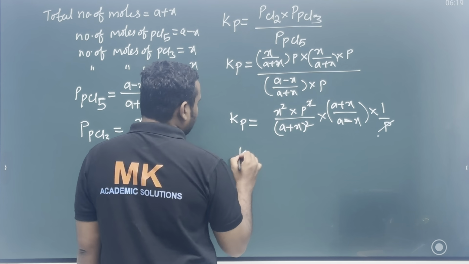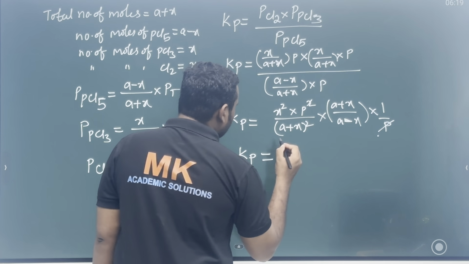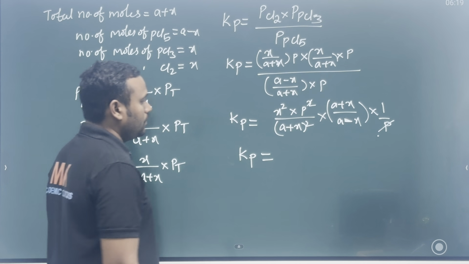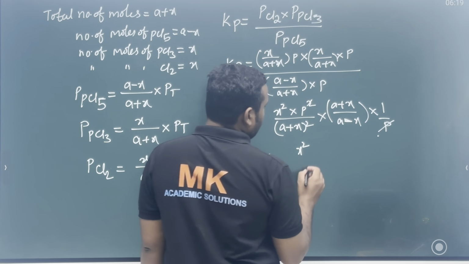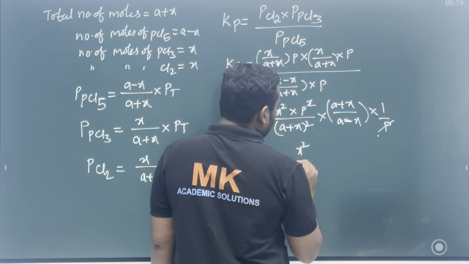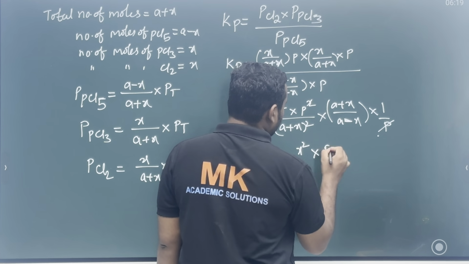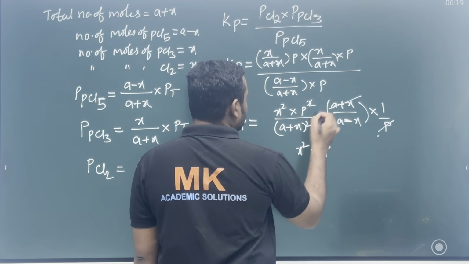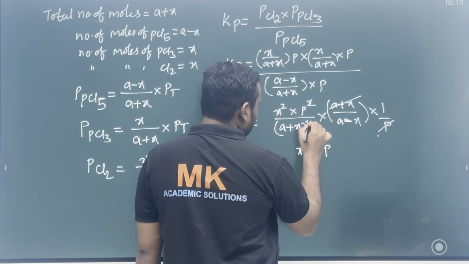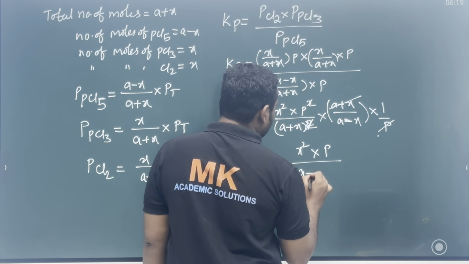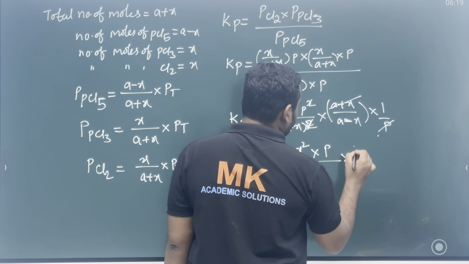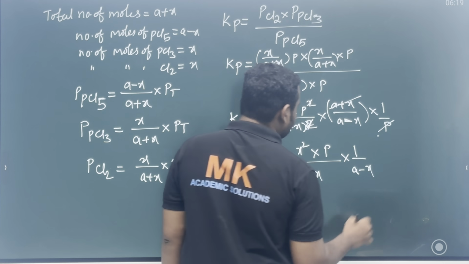Therefore Kp is equal to x square into P, and A plus x square also gets cancelled out, so A plus x into 1 by A minus x.